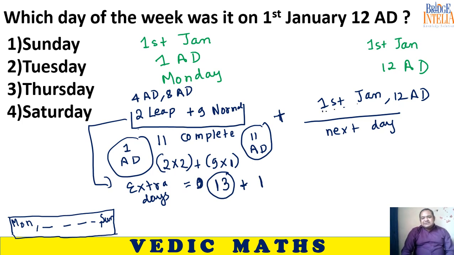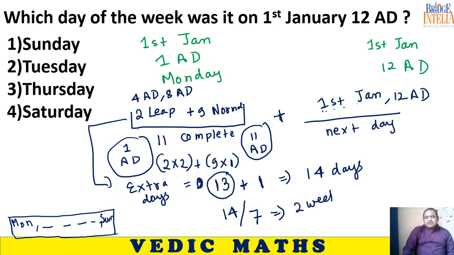So 13 plus 1, 14 days. Now 14 days means what? 14 is completely divisible by 7. 14 days means 2 weeks. So as per our calculation, there are no extra days.